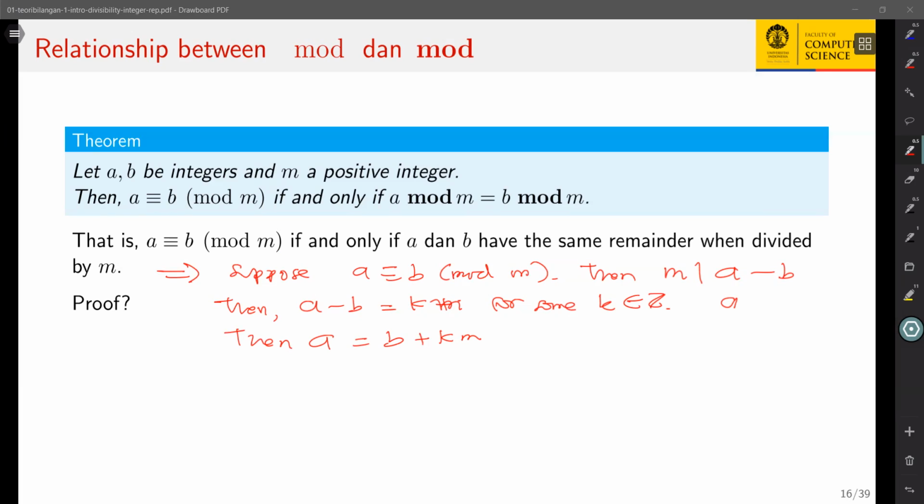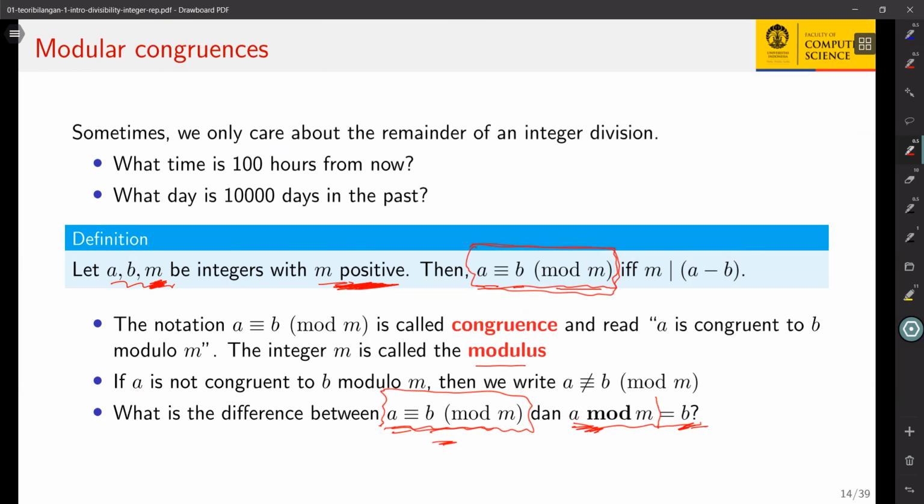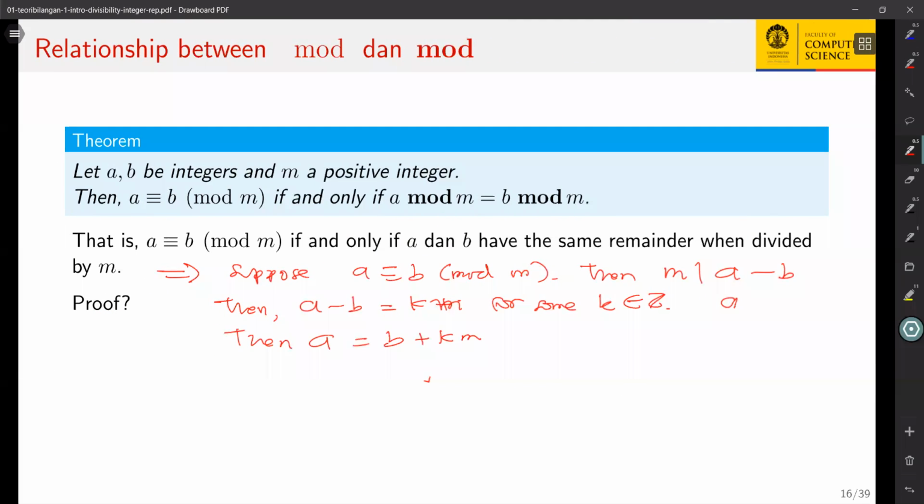So can we use some of the previous theorem, right? Let's have a look at the previous theorem. So if A is... okay, hold on a second. Let me go through this again.